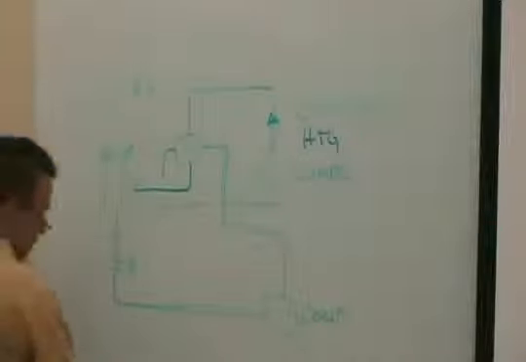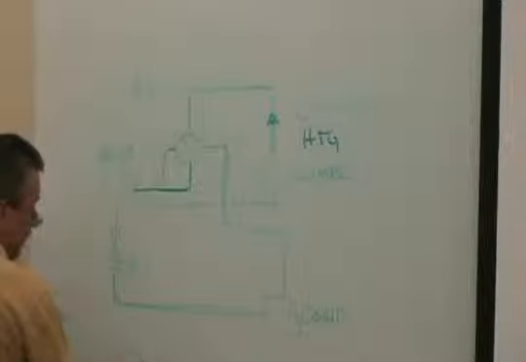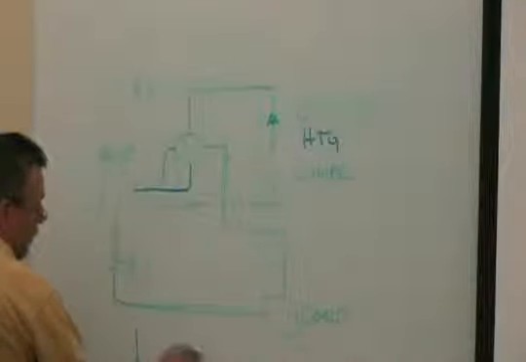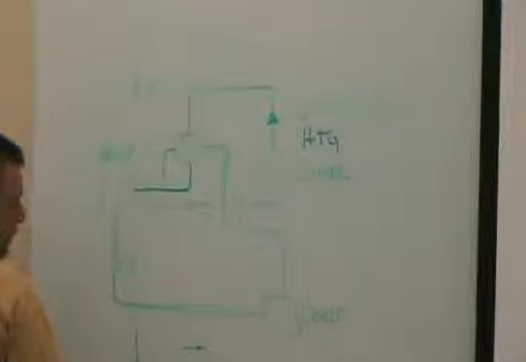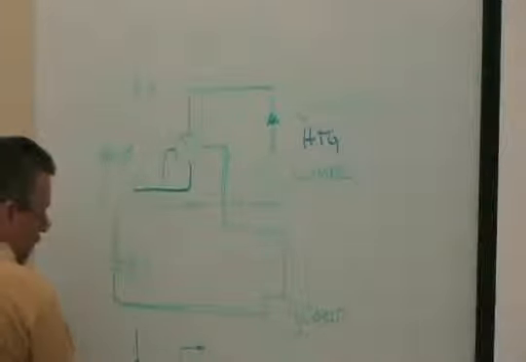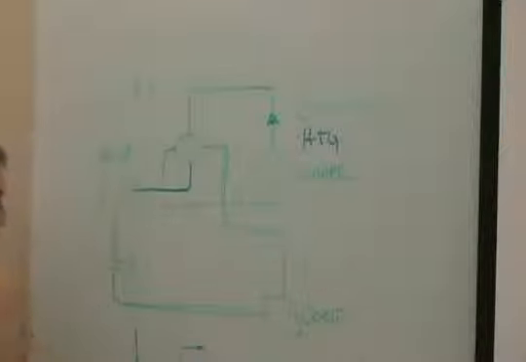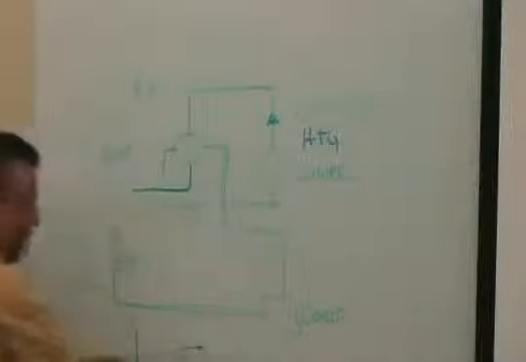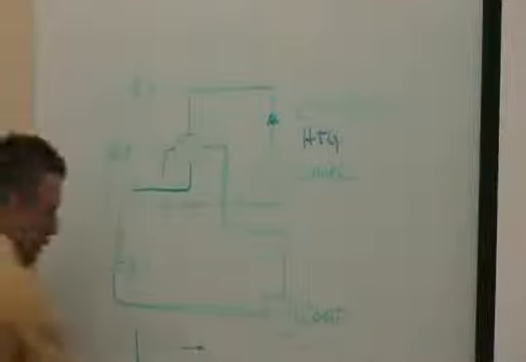Some of them, the reversing valve actually is just a plate right here where your hot gas might come in here and your refrigerant back to the suction might go back to the compressor here, and then you either send it to the evaporator or send it to the condenser right there. And it's basically just a little slide valve that goes back and forth.